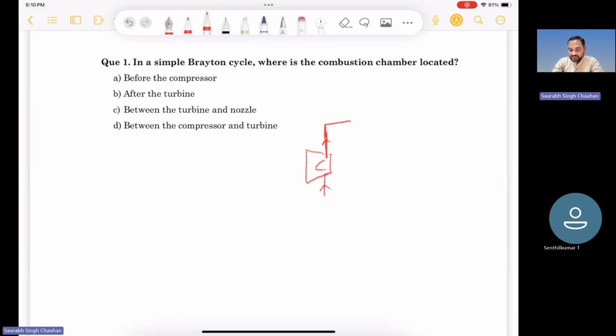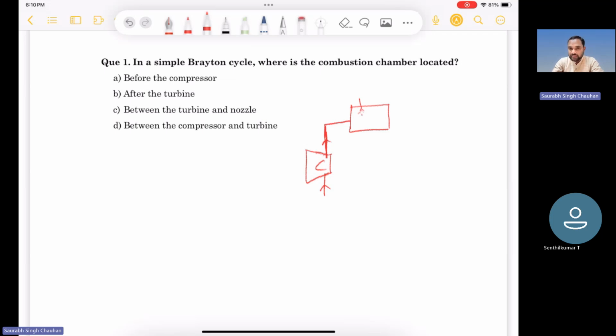This compression process can be considered isentropic in the case of the ideal Brayton cycle, but in the real Brayton cycle, there can be some irreversibilities. In this compressed air, some fuel is injected. Since this air is very hot, the fuel will get ignited.